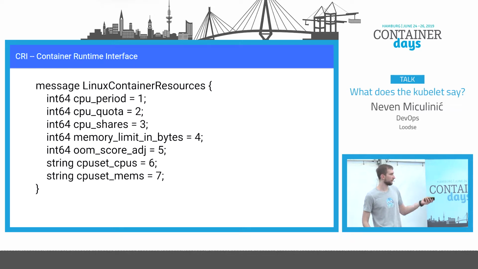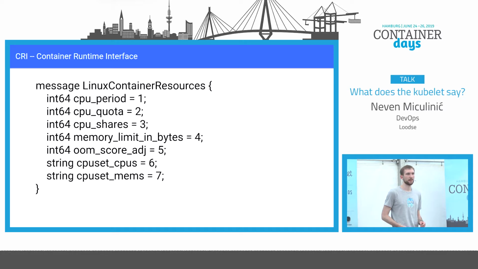As you can see, from the CRI gRPC spec, there is Linux container resources, basically accepting all these parameters. So CPU quota, memory stuff, out of memory score adjustment, and there is one additional field called cpuset CPUs. Those are most commonly not used except in one scenario.